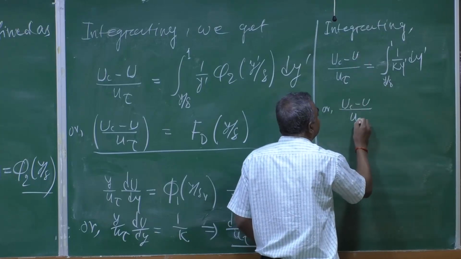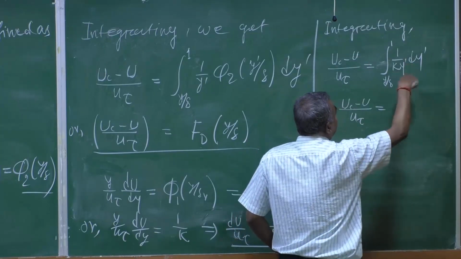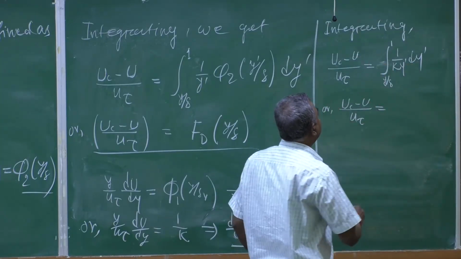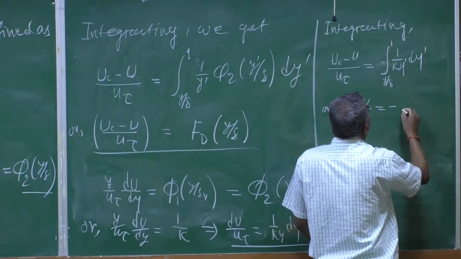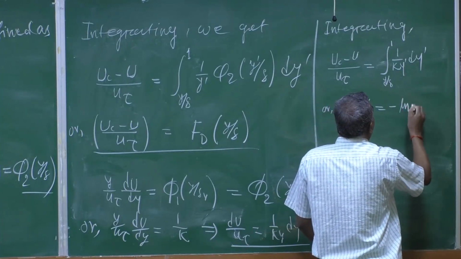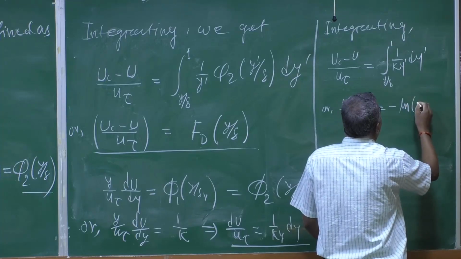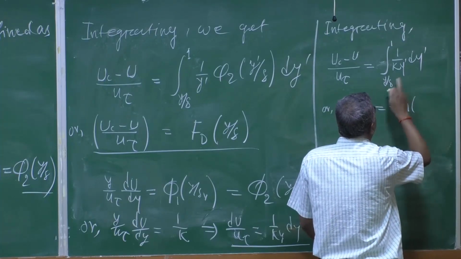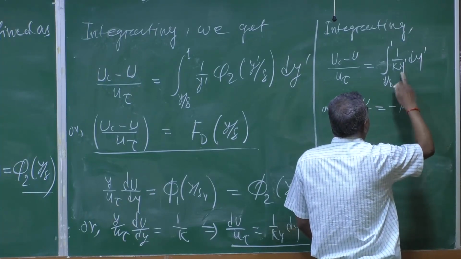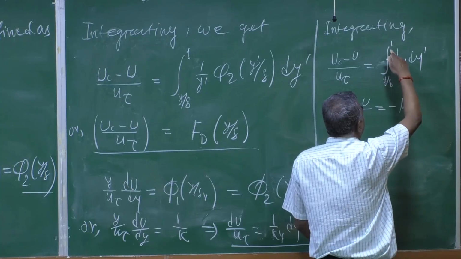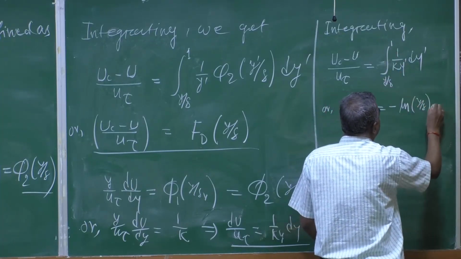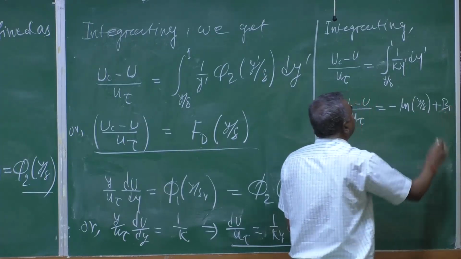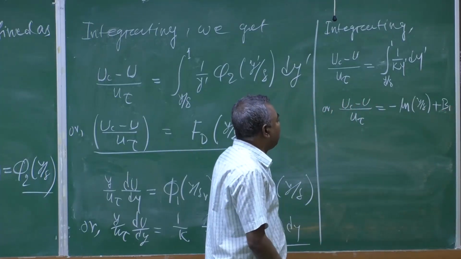So the left hand side is this, and on the right hand side we get ln y at y by delta equal to 1, which is 0, minus ln y by delta, which will only remain, plus some constant b 1.